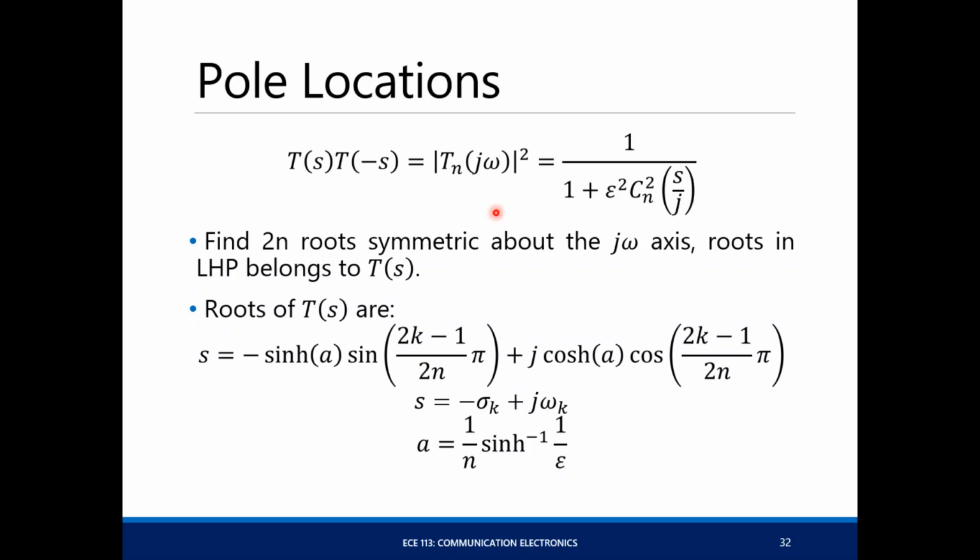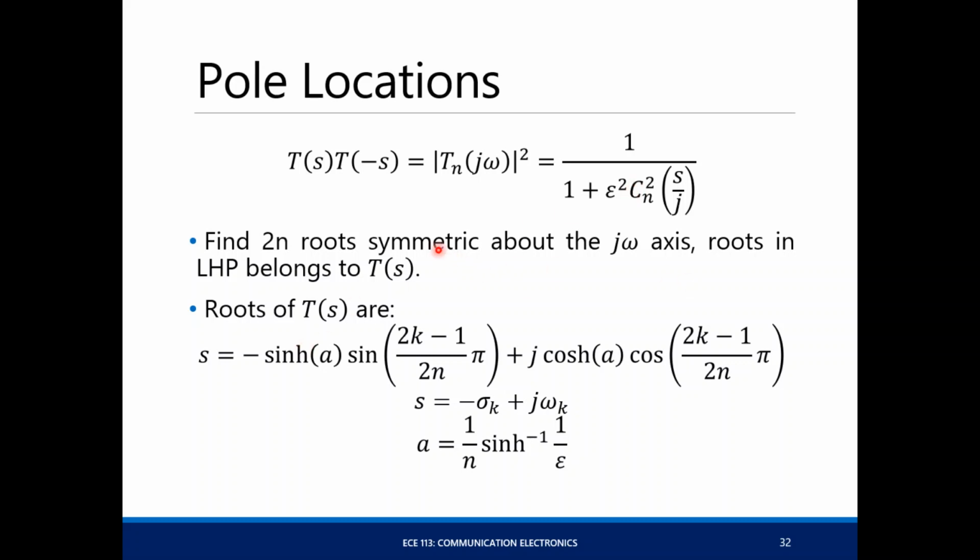Recall the transfer function, which looks like this. This actually defines an ellipse in our complex S plane, and the roots are located on that ellipse.